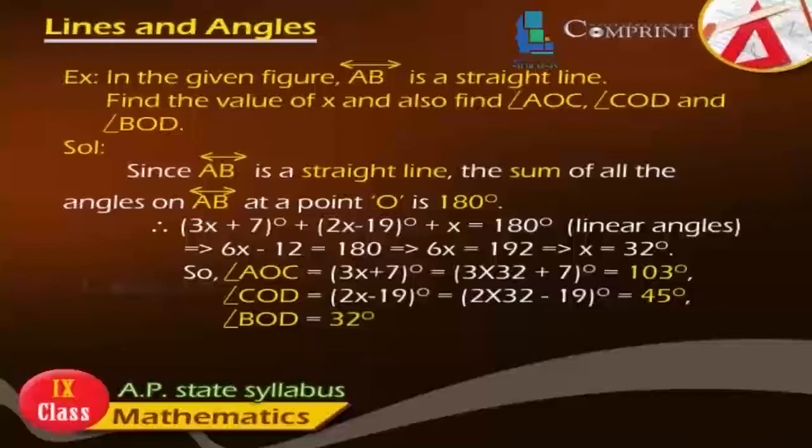Angle COD is equal to 2x minus 19 degrees is equal to 2 into 32 minus 19 degrees is equal to 45 degrees. Angle BOD is equal to 32 degrees.